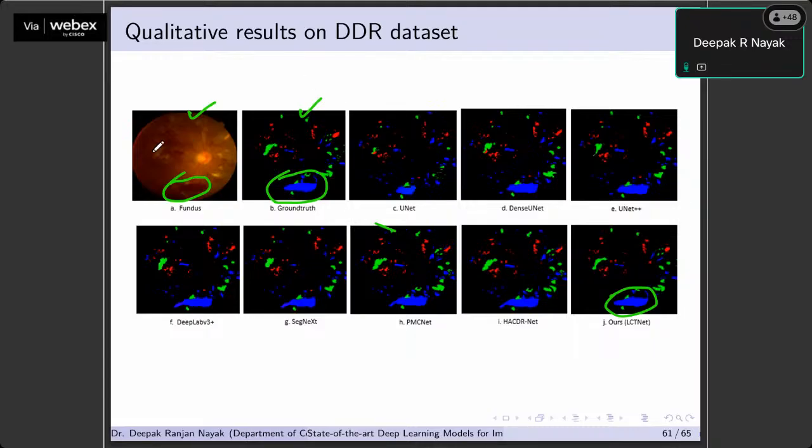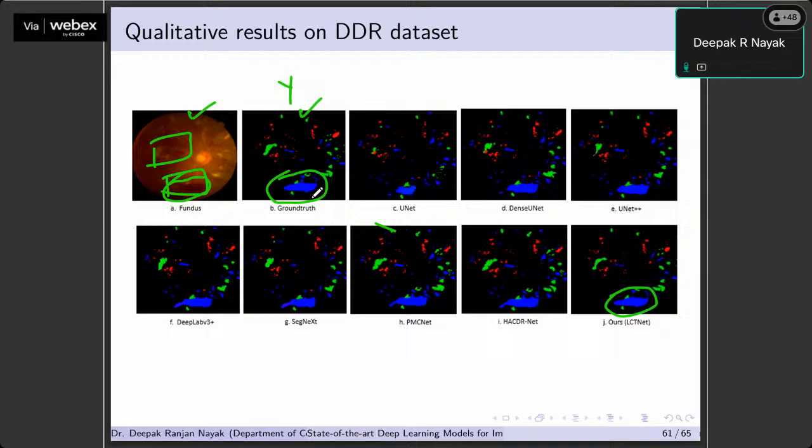But if I ask the doctor just to tell me where exactly the hemorrhage is present, the doctors may tell you this is the region, a bounding box, which is very, very easy. But accurate, pixel-level annotation is very difficult to get. But we need Y of this kind to solve the supervised semantic segmentation models.